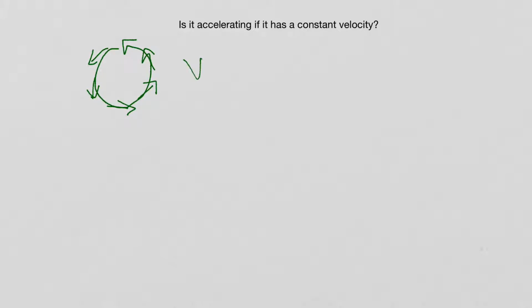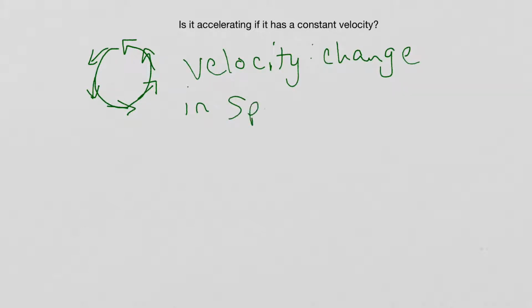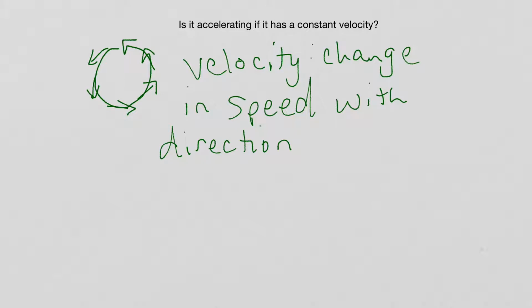So velocity is more than speed, and if there's a change in direction, then there's going to be a change in velocity. So, yes, if there is a change in velocity, there's an acceleration.